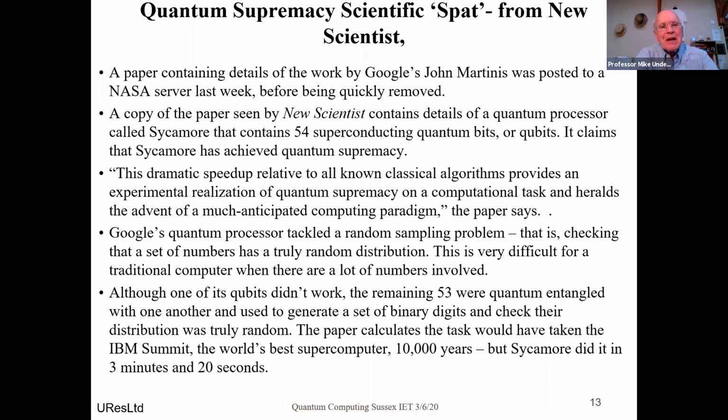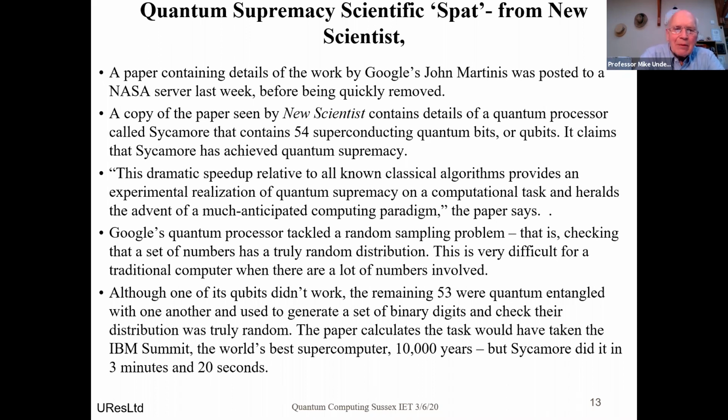But anyway, next point, a copy of the paper seen by New Scientist contains the detail of the quantum processor, called Sycamore, which had 54 superconducting quantum bits or qubits. And the claim was in relation to that.